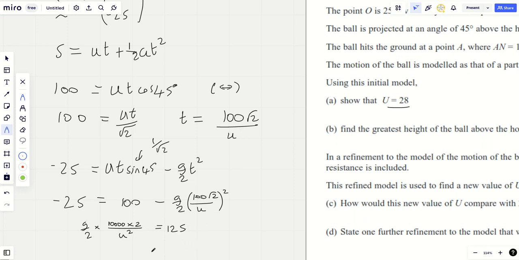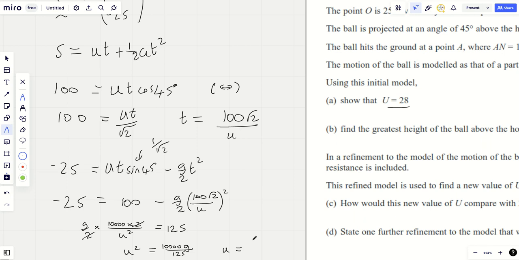And now if we rearrange this, the 2's are going to cancel, and we're going to have u squared equals 10,000 g over 125, because I'm timesing this over here and dividing it under there. And so let's just check this on my calculator and check it works out.